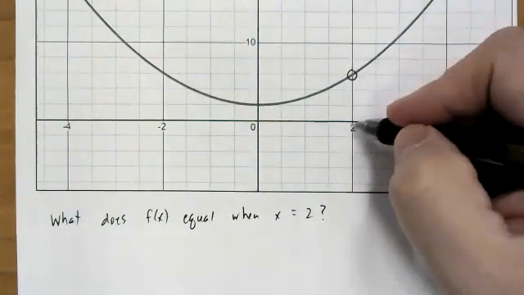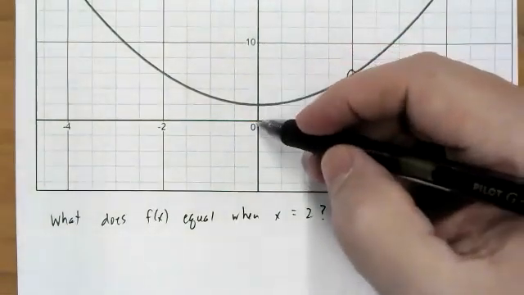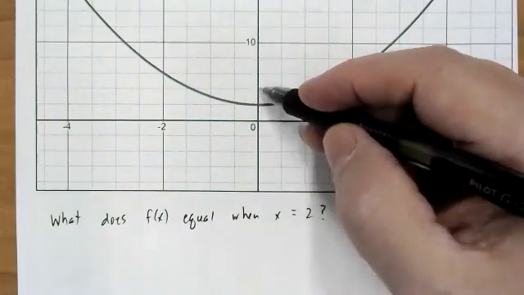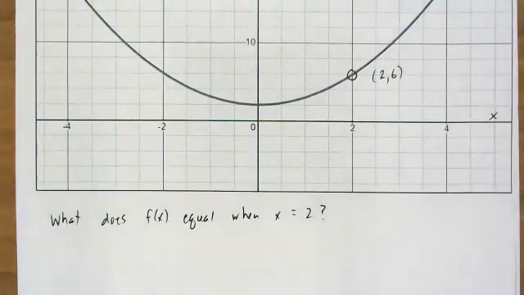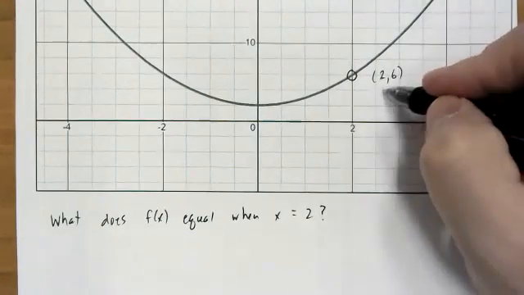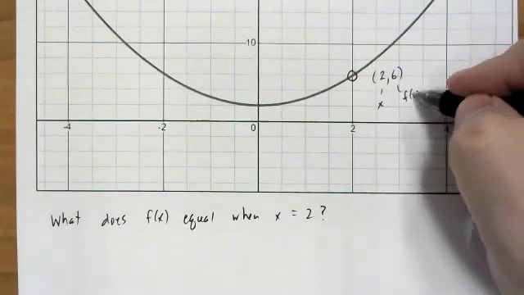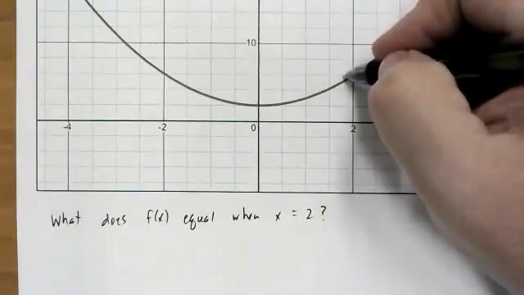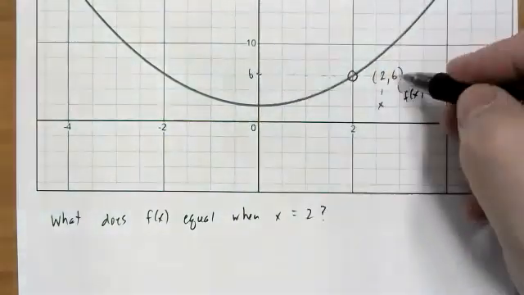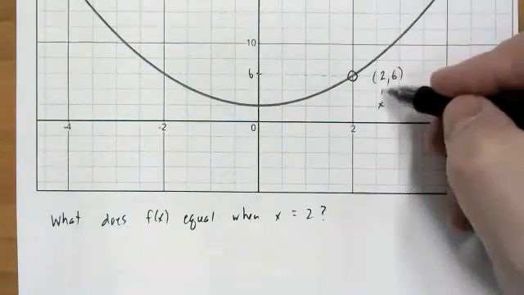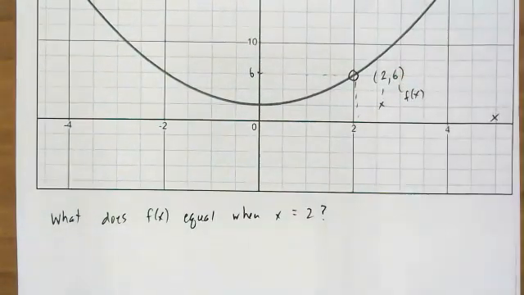As an ordered pair, it's 2, and you have to be careful of the scale, 0 to 10. So these are each 2: 2, 4, 6. So that point is actually (2, 6). Now really, 2 is x, 6 is f of x. So 6 is like the vertical axis, 2 is the horizontal axis, right?